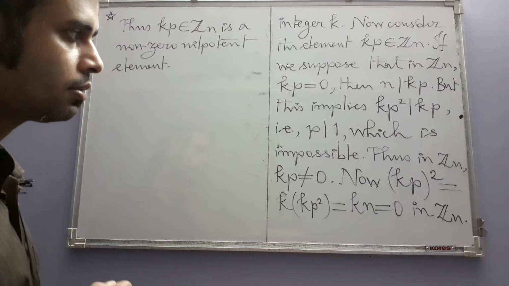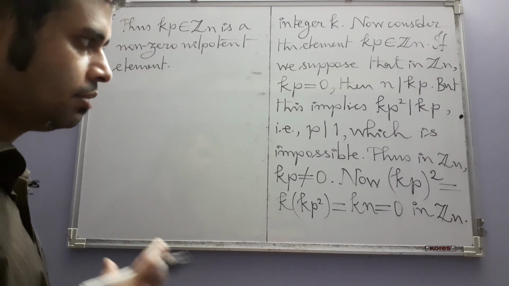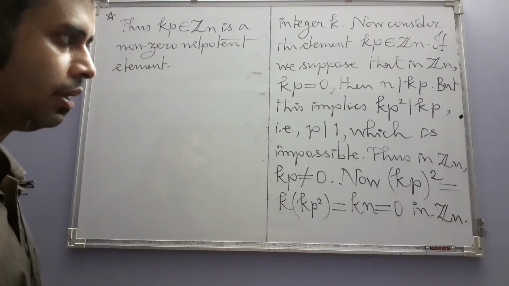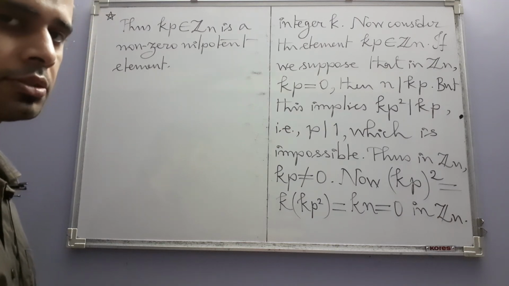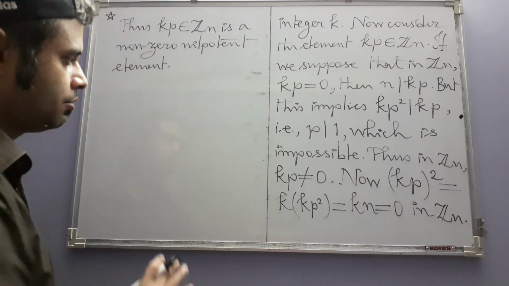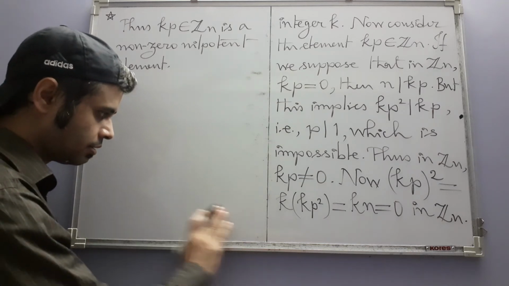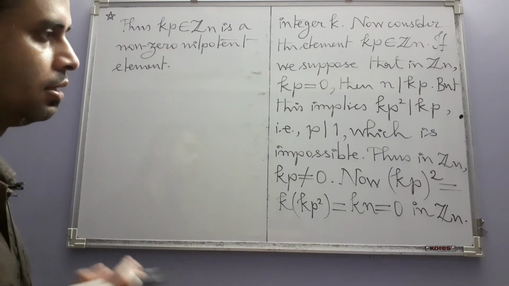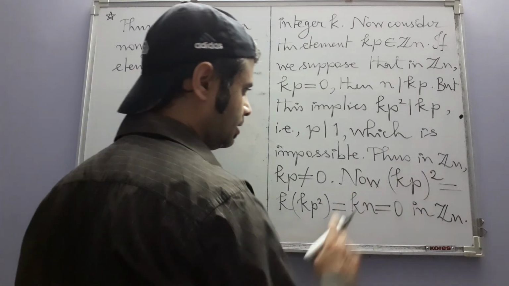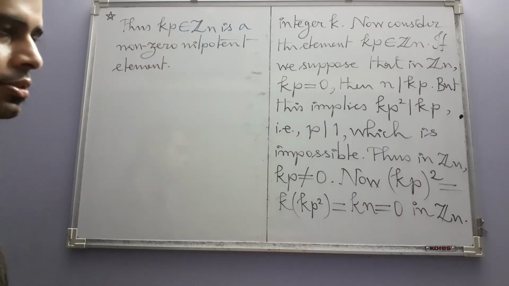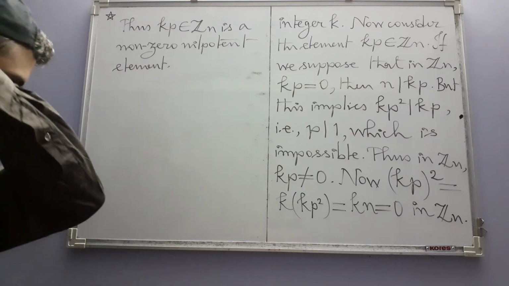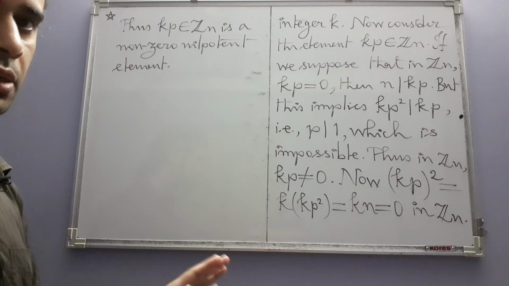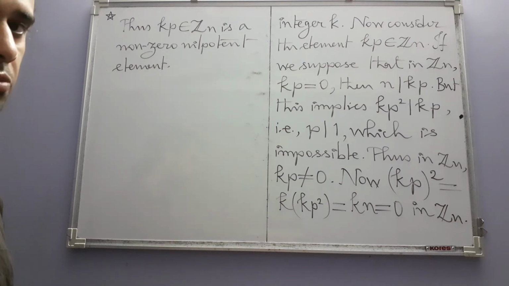Now we prove the converse. That is, if Z_n has such an element, then n must be divisible by the square of a prime. However, we will not prove this implication itself, but rather its contrapositive. That is, if n is not divisible by the square of a prime, then there is no non-zero nilpotent element in Z_n. That's what we will prove.